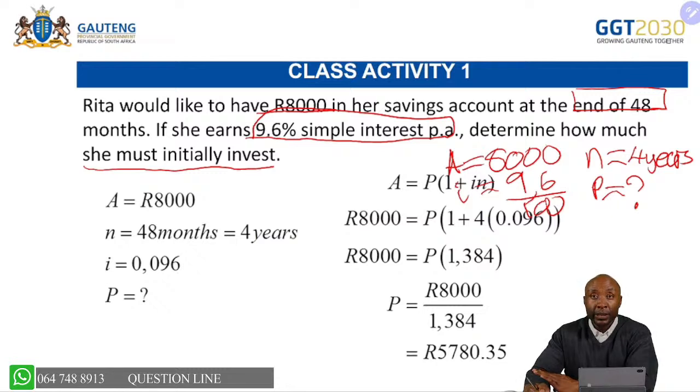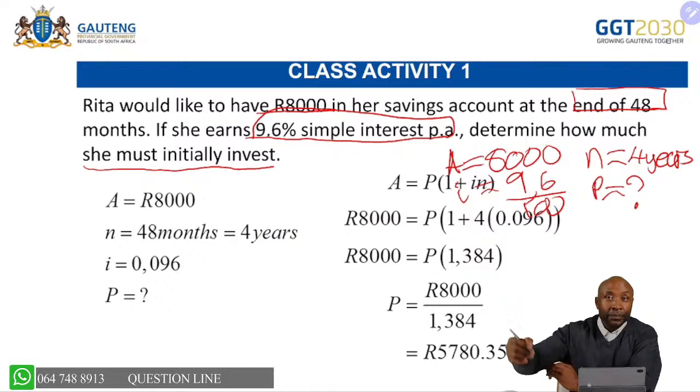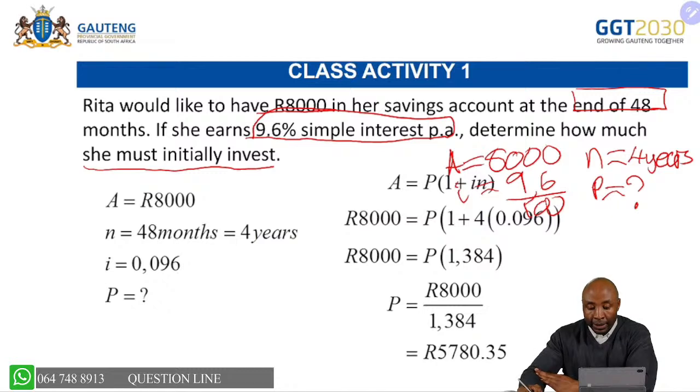So it means if Rita wants 8,000 within the next 48 months, they should invest 5,780.35 today, so that after 4 years, this amount will be 8,000 rands.